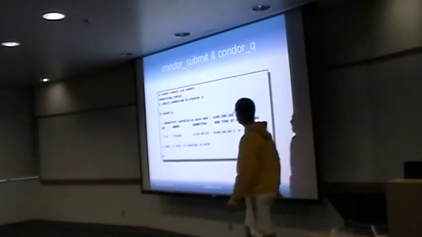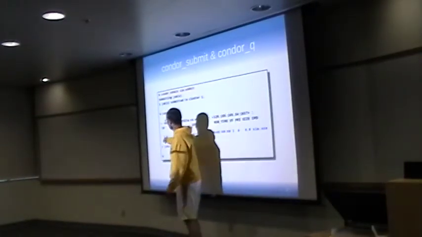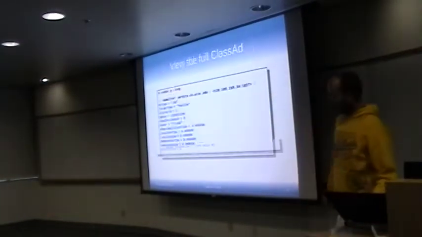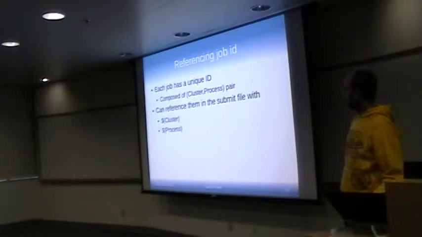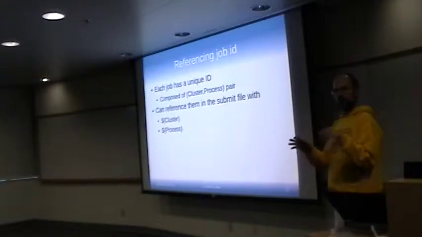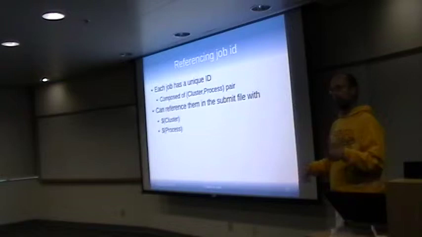Here, when I submitted it, I got a cluster of 1, and since it's a single job, the process was 0. You can reference them with $cluster and $process, and you can put them anywhere, in an attribute, in your arguments, in your environment, so that the job can actually use them. Use them as a seed or whatever.